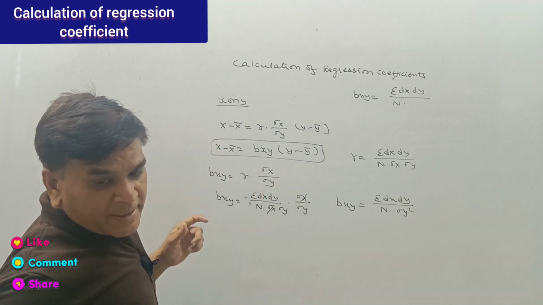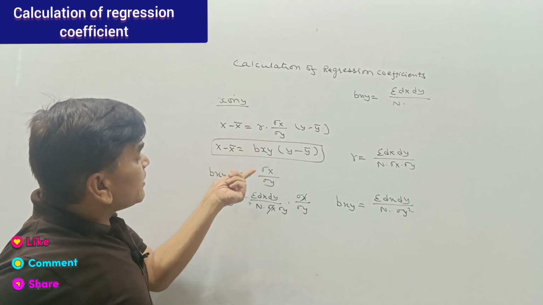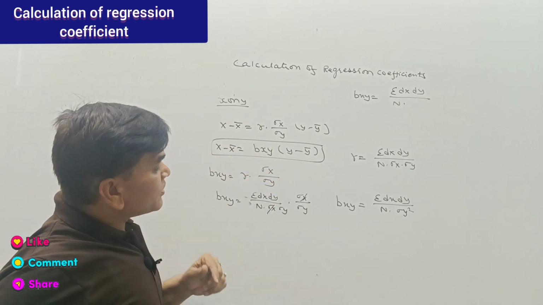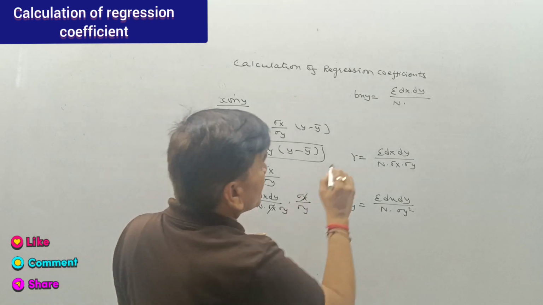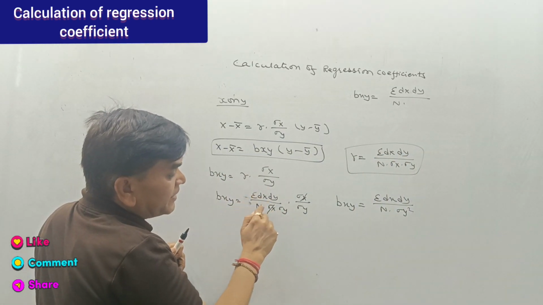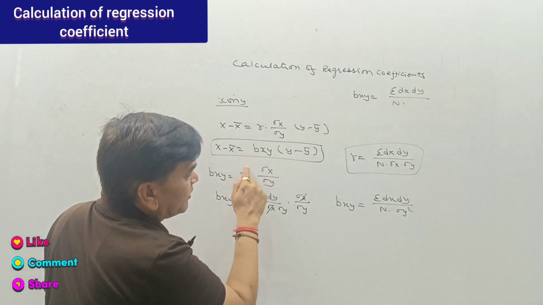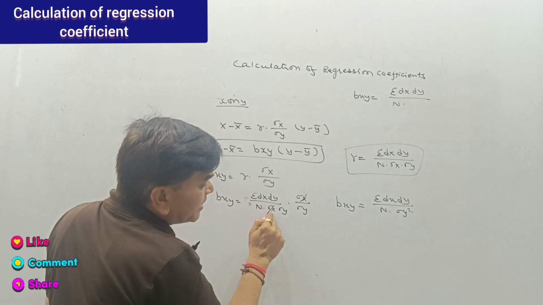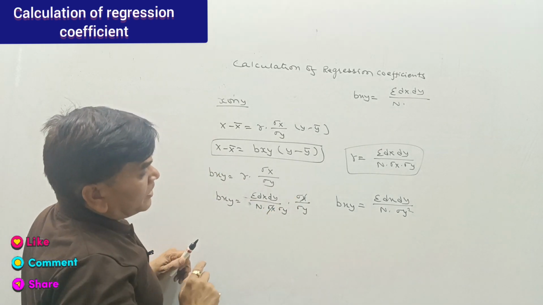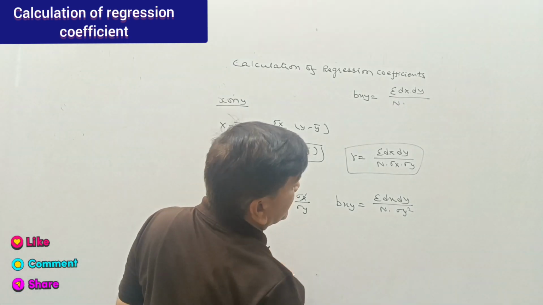Again, first I should explain to you. The value of bxy is r standard deviation x upon standard deviation y. So we put the value of r: sigma dx dy upon n standard deviation x standard deviation y, multiplied by standard deviation x upon standard deviation y. So now this is sigma dx dy upon n multiplied by standard deviation x square.